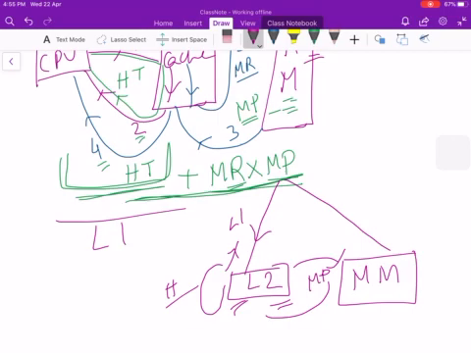So what will you do? We'll say this average access time will be my L1 hit time plus my L1 miss rate multiplied by the miss penalty. This miss penalty will be my L2 hit time plus L2 miss rate into L2 miss penalty, right? Is it clear from this diagram?